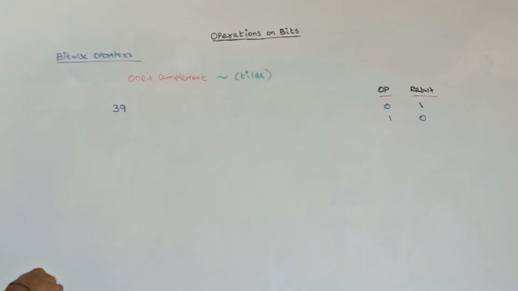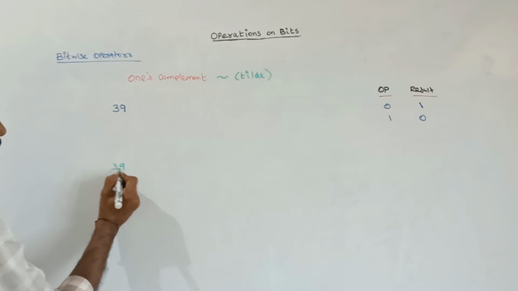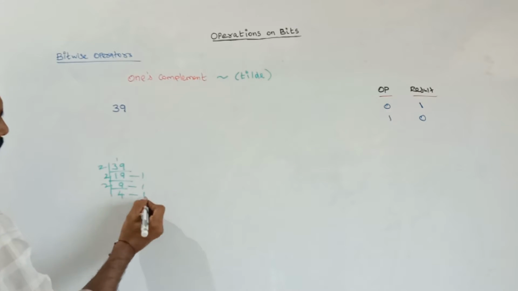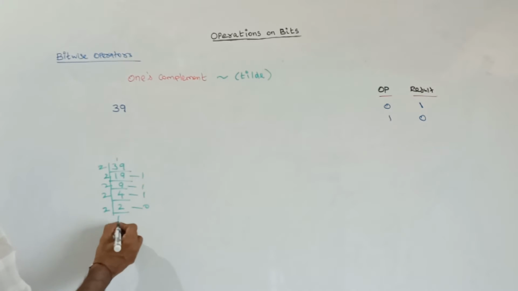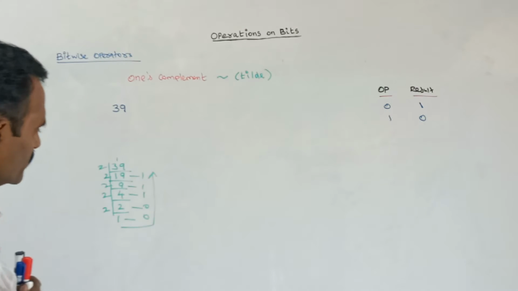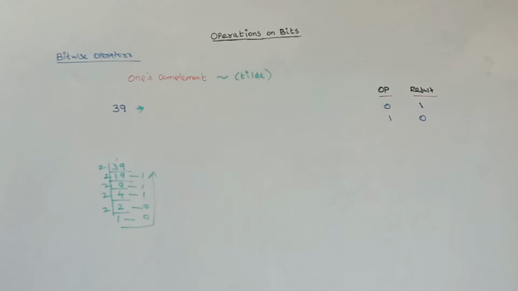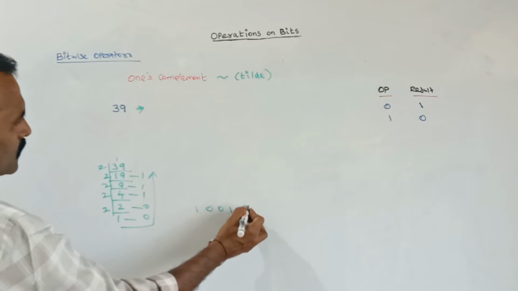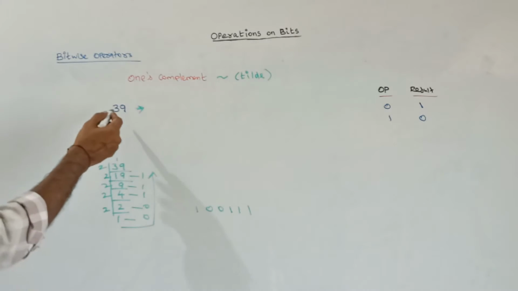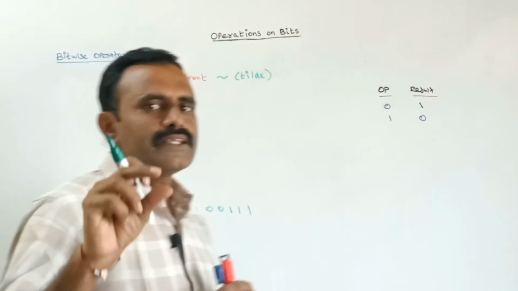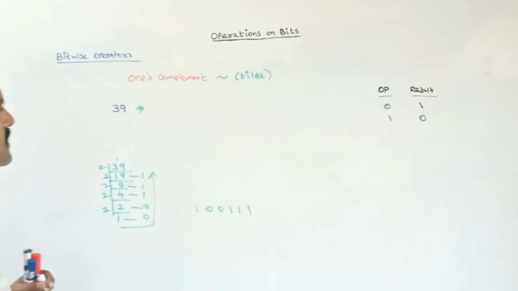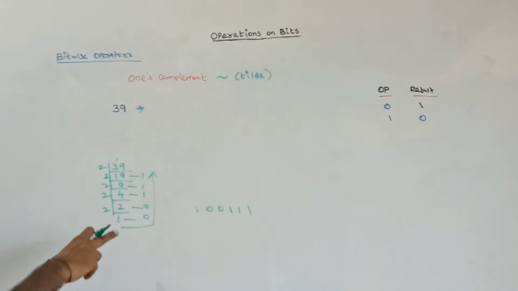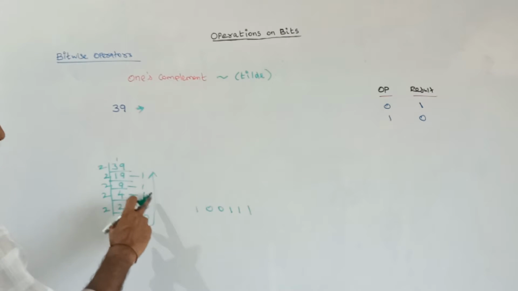If you convert this number 39 into binary, this is the value: 1 0 0 1 1 1. Suppose you are assigning the data type as unsigned character, because its default size is 1 byte, and you are storing the value 39, then the binary values will be 1 0 0, next 1 1 1.